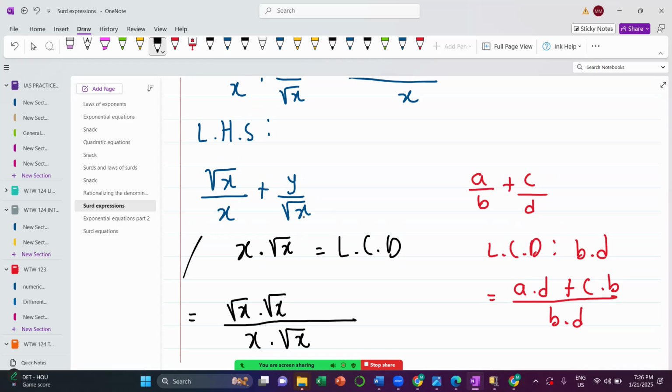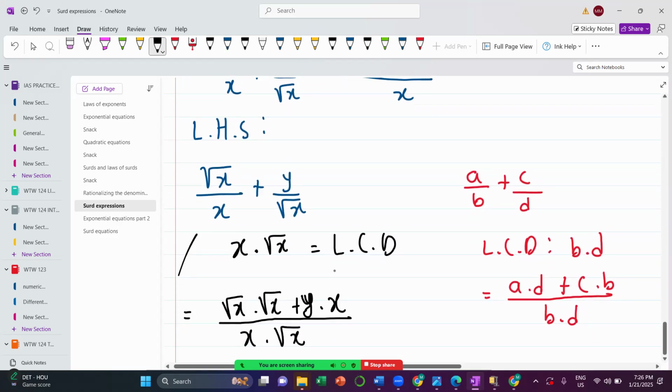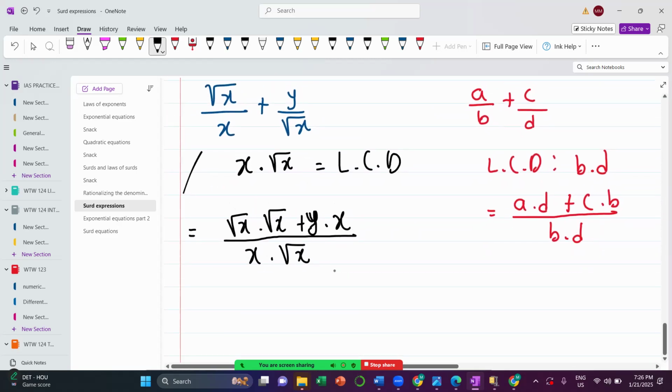But then this root x here, I multiplied it by x, so I'm going to have to multiply this y also by x. So I'm going to have y plus y times x. Right? So we are okay there.